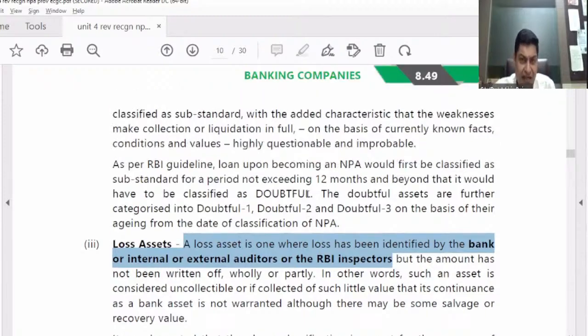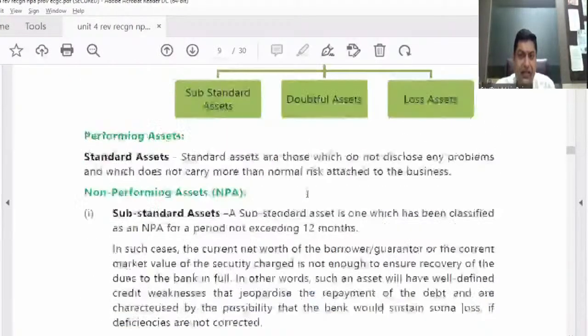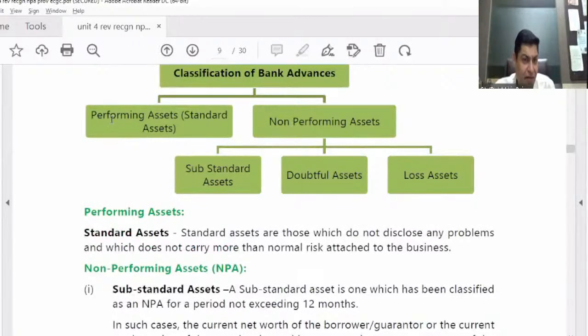So in totality we can say that performing assets are those assets which do not show any problem as far as recovery is concerned. These are the regular accounts. NPA accounts: the moment an account is recognized as NPA, there will be 3 further classifications.